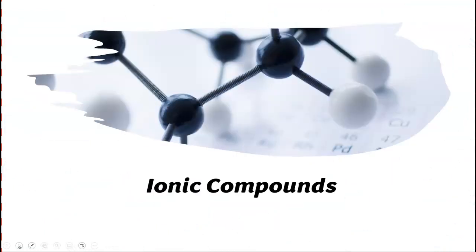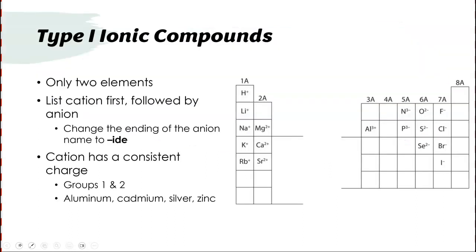So we're going to start with ionic compounds. The first type of ionic compound is type 1. And we're going to be looking at binary, meaning there's only two elements, not two atoms, but two elements. We're going to list the cation first, followed by the anion, and we'll change the ending of the anion name to "ide."